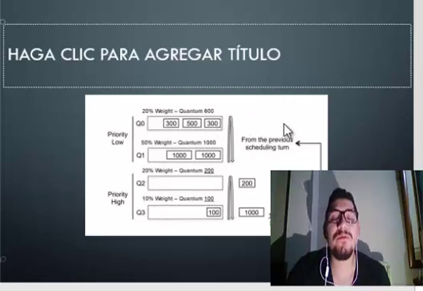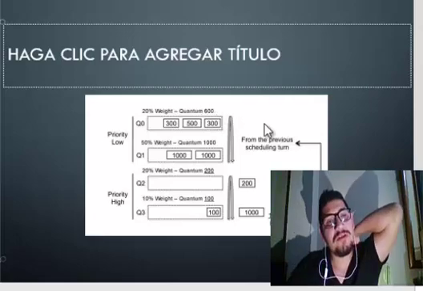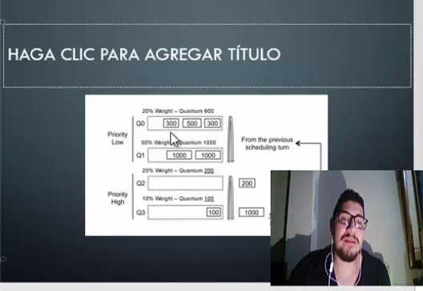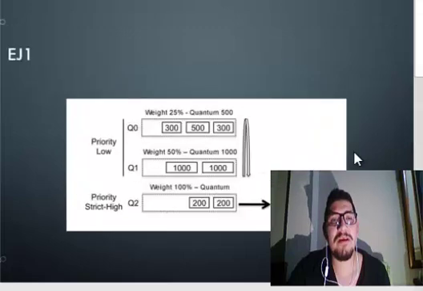In this round this quantum is 400, and with this number we can transmit this packet of 300 because 400 is more than 300. It is the example of the priority-based deficit round robin.